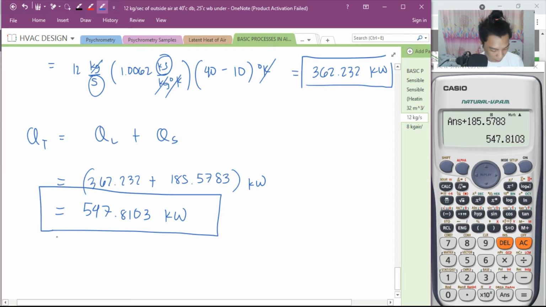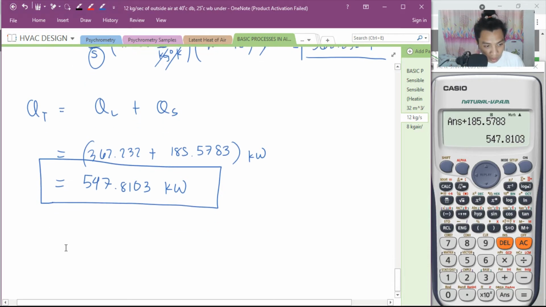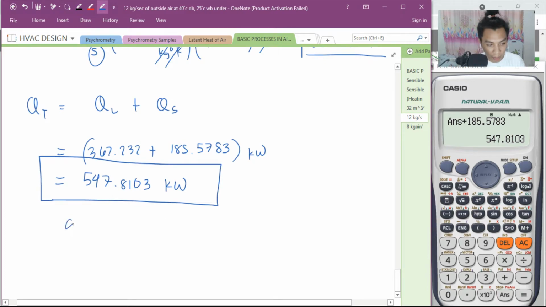That is QT. Now, this is also equal to QA, capacity of the refrigeration system.